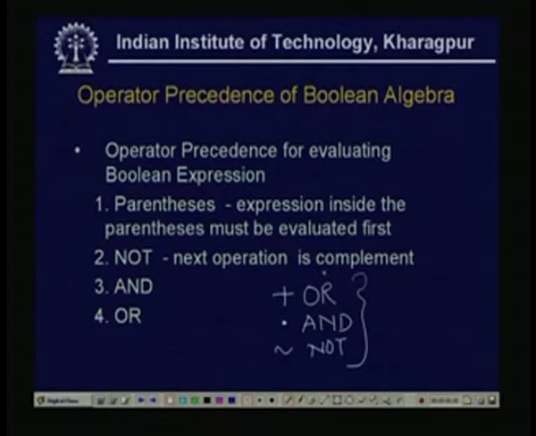NOT, the complement, is the next operation. Next we do the AND, and OR is the next after AND. So, these are the operator precedences in this order when we evaluate a Boolean expression.